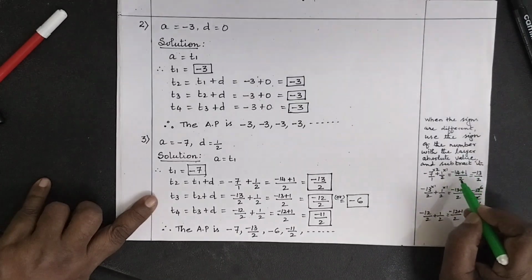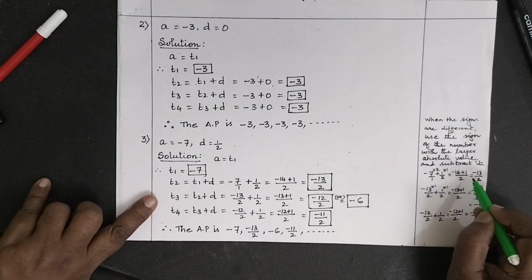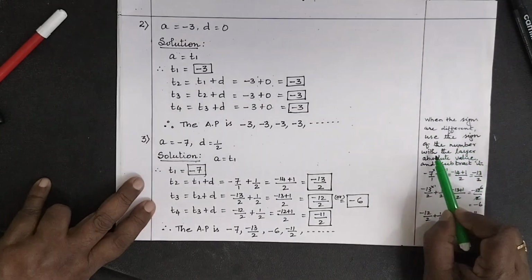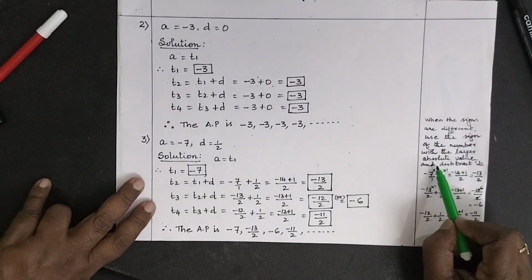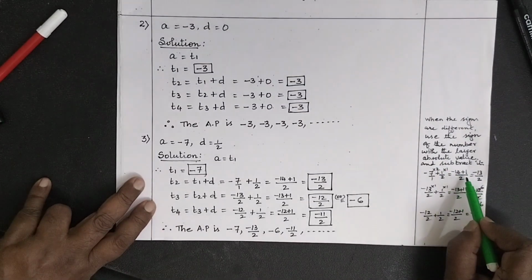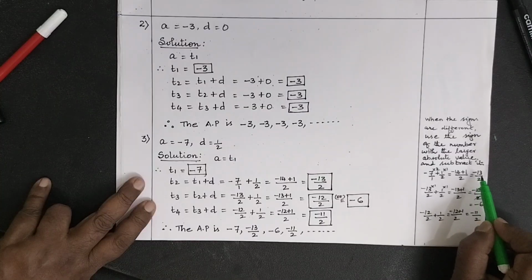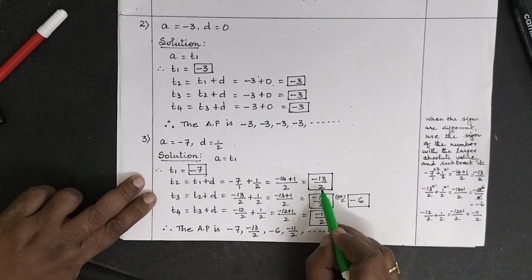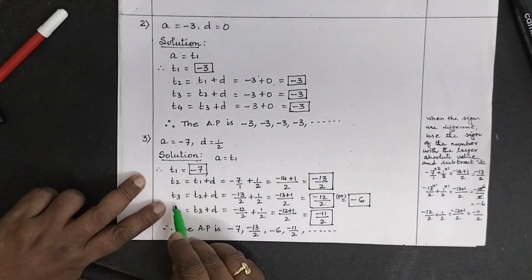So you have to use the rule of the integers. So when the signs are different, use the sign of the number with the larger absolute value and subtract it. So minus 14 plus 1 is equal to what? Minus 13 by 2. So that is T2. Next, T3 is what?